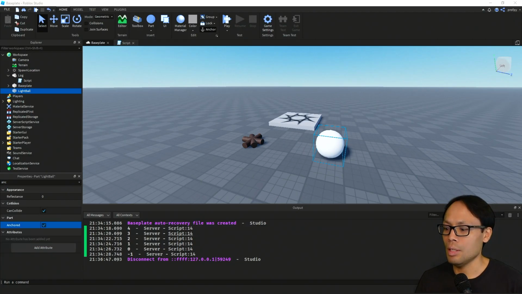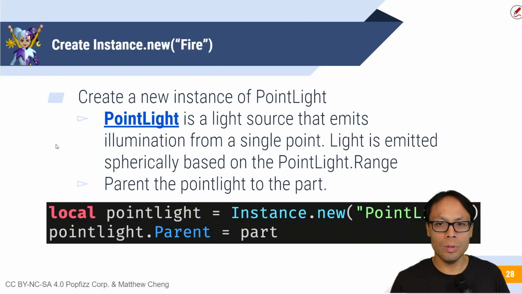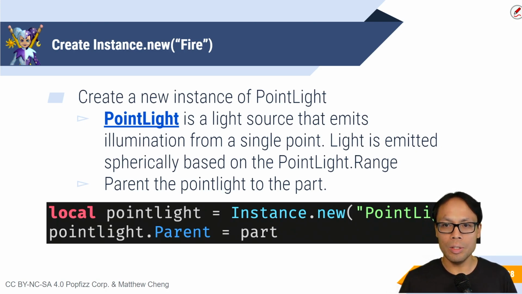All right, now we're going to create a new instance of PointLight. PointLight is a light source that emits illumination from a single point, and light is emitted spherically based on the PointLight range.